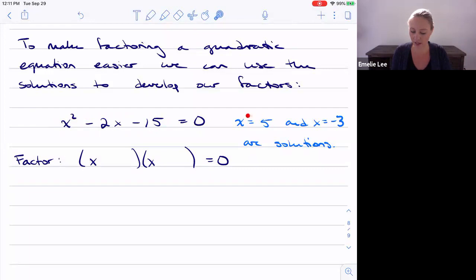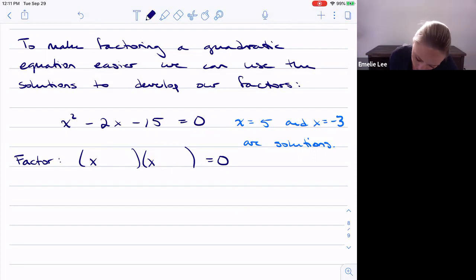Remembering that if x equals 5 is a solution, and I need to make it equal to 0, then if I plug in x equals 5 over here, x minus 5 would give me 0. 0 times anything is 0. So I use that trick, right?